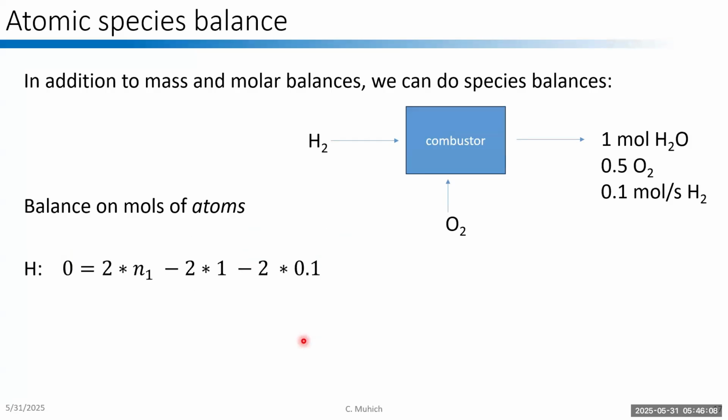All right, so when we're doing this, we can plug in our numbers. So 2 times N1 minus 2 times 1 minus 2 times 0.1. That means that 1.1 moles of H2 must be going into the reactor. Similarly, I can write this out, and we can say that N2 is 1 mole.